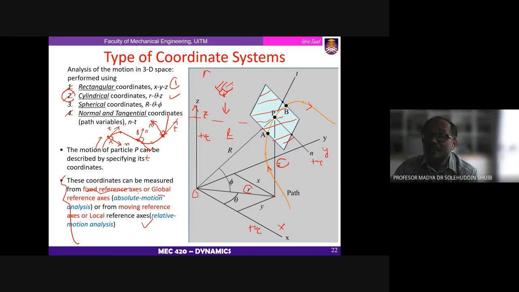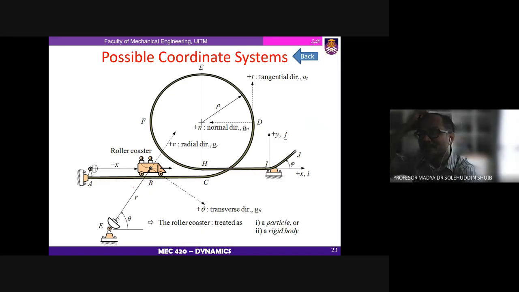So there are two different things. I'm going to go into detail of it later. So for coordinate system, we have absolute motion analysis, and then we have relative motion analysis. These are possible coordinate systems of the big picture, where this roller coaster, we treat it as particles or rigid body.